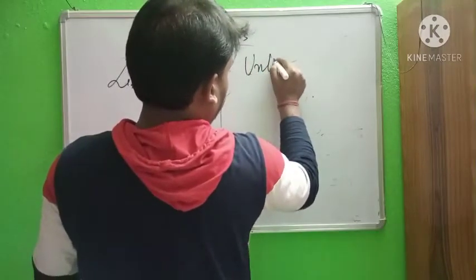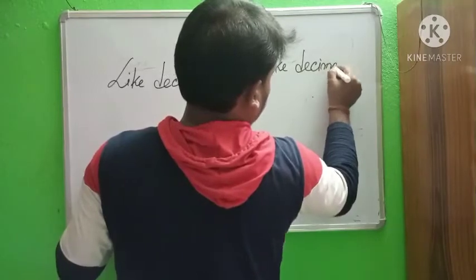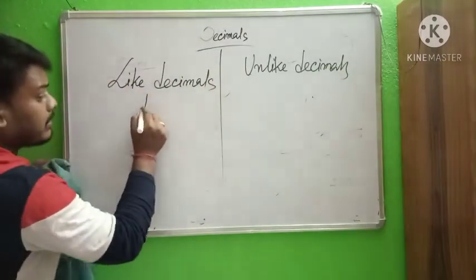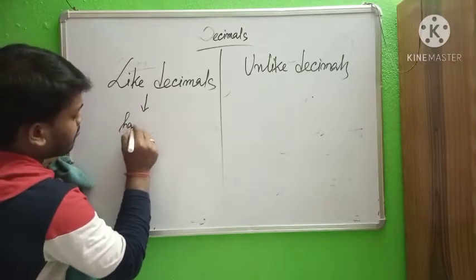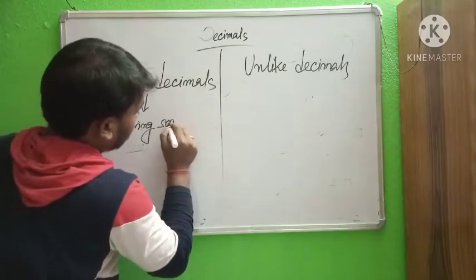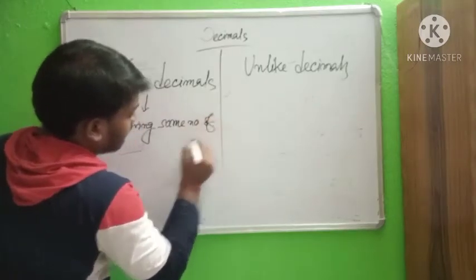Like decimals and unlike decimals. Like decimals means having the same number of decimal places.